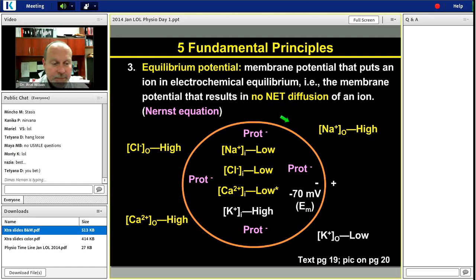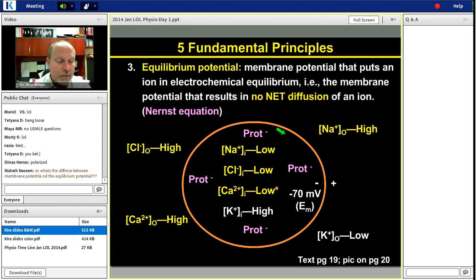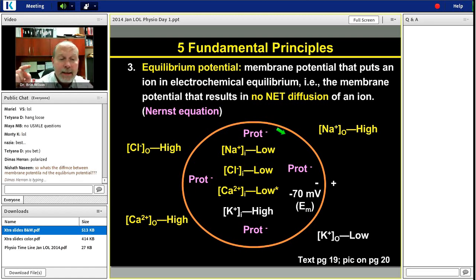It just means that the chemical and electrical forces have balanced. So I may have a chemical drive in that's balanced by an electrical pull out. That creates an electrochemical equilibrium. It just means that a force in is balanced by a force out.